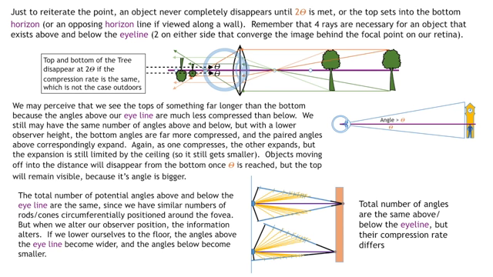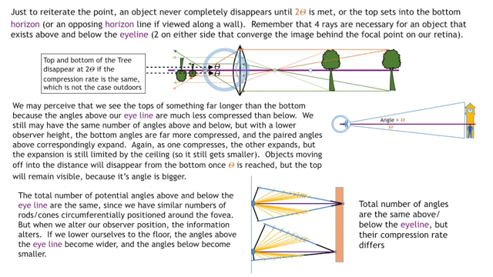Again, with our tree diagram here, I'm representing the top and the bottom of the tree disappearing at 2 theta, but that's if the compression rate is the same, which is of course not the case outdoors. You are closer to the ground than you are to the ceiling or sky.